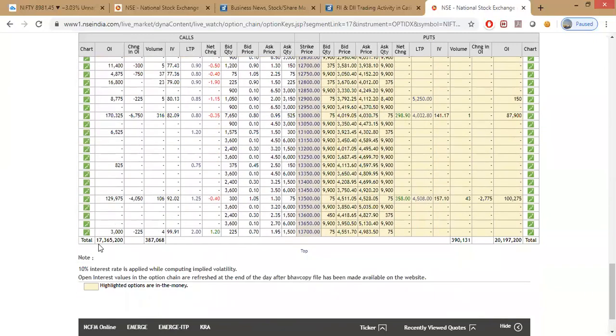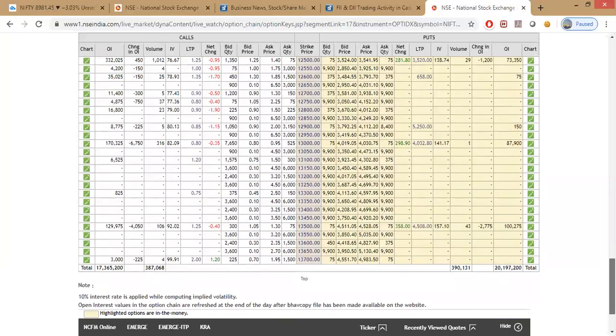And similarly, total open interest is shown at the bottommost part of the option chain, for the call side and for the put side. So there is an indicator called the put call ratio. If you divide the total open interest at the put side by the total open interest at the call side, you will get the put call ratio. And if that put call ratio is greater than one, most likely the market will stay up.